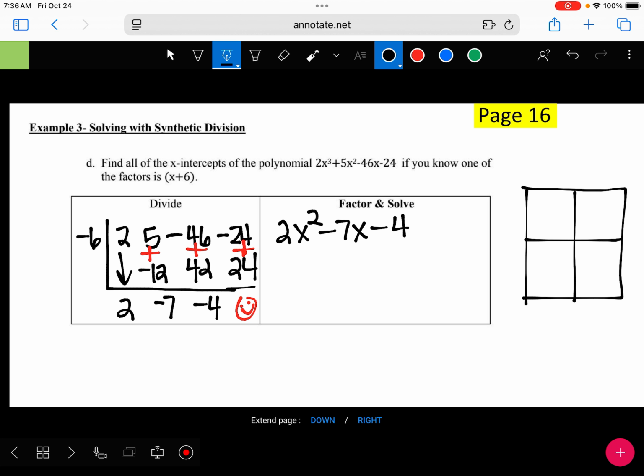First number, I just bring it down. I don't do anything with it. Now take that 2 and multiply it by the number on the outside. Put that under the 5. Now add these 2. It's like columns. These are columns.